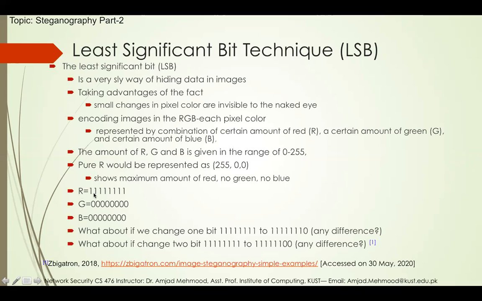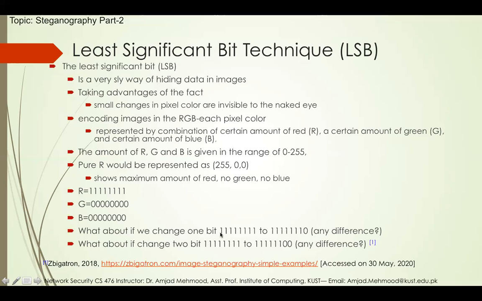As you know, each character in ASCII is represented with 8 bits: 1, 2, 3, 4, 5, 6, 7, 8. So all these are 1, and there is no green and no blue in that. What if we change 1 bit?